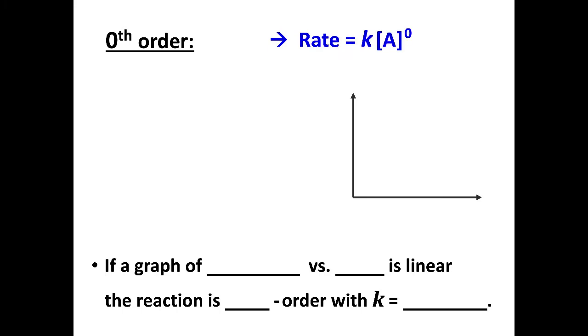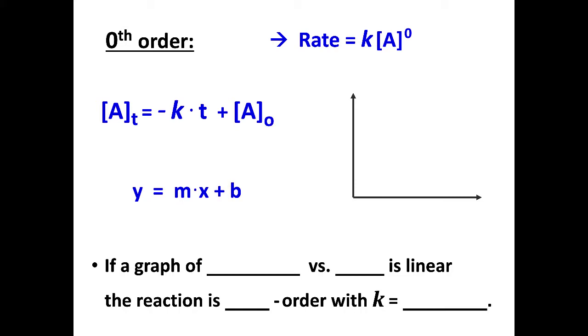If it's 0th order, the rate equals k times A to the 0 power. The time versus concentration relationship for zeroth order, only for zeroth order, is concentration at time t equals negative k times the time plus the concentration initial. And we've seen this before a few times, and you saw it in the iodine clock reaction lab.